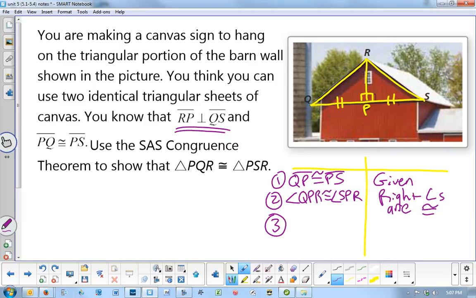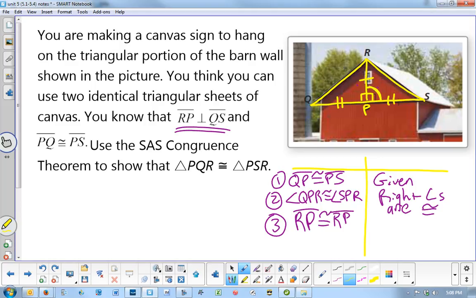And we know also that RP is congruent to RP. How do we know that? Well, RP is the same thing as itself. Notice RP is in both triangles, and so we've got to use that, and it finishes off that angle.